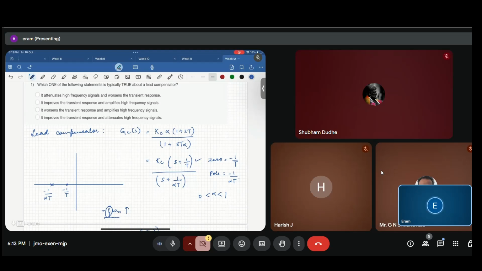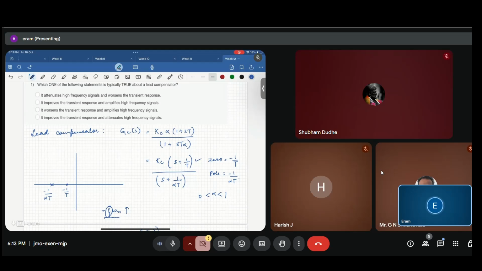And if we have less oscillation, that means we are going to have a quick response. A quick response means low rise time and also low settling time. So overall our transient response is going to improve, because we have fewer oscillations and a quick response.